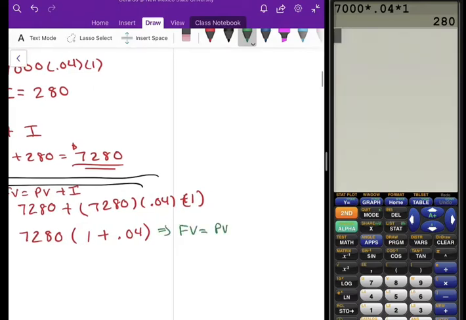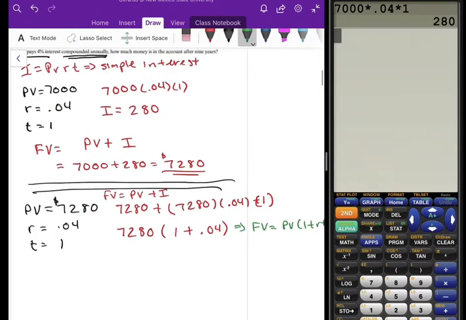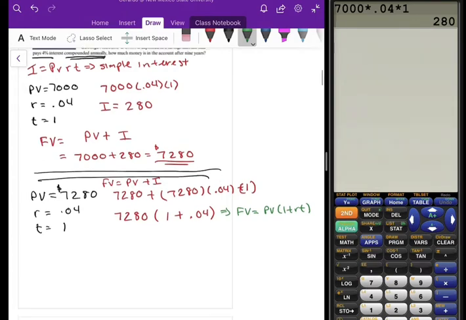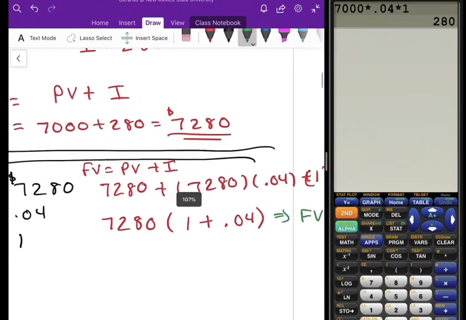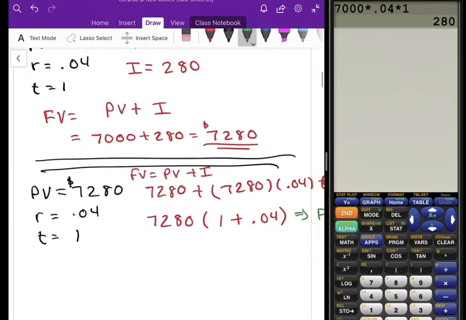So this is nothing new. This is something we've already seen. And once we calculate this, we have that future value equals $7,571.20.